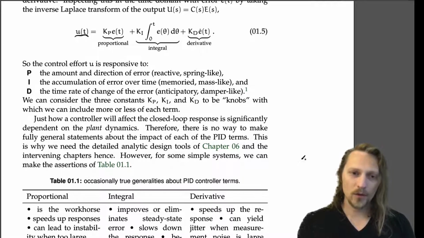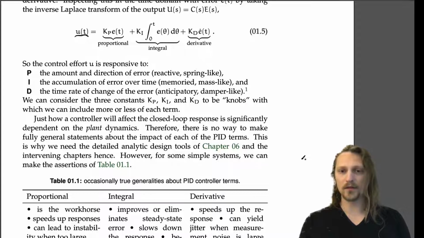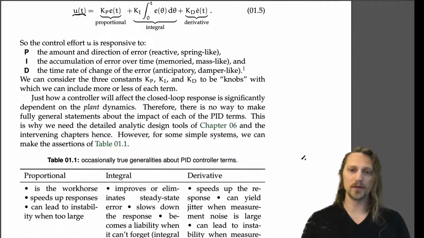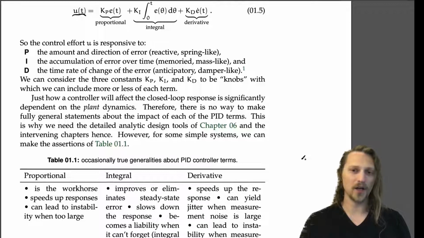Just how a controller will affect the closed-loop response is significantly dependent on the plant dynamics. Okay, so not just the controller dynamics, but also the plant. Therefore, there is no way to make fully general statements about the impact of each of the PID terms. This is why we need the detailed analytic design tools of Chapter 6, so several chapters from now, and the intervening chapters hence.